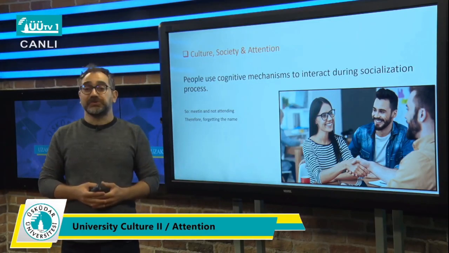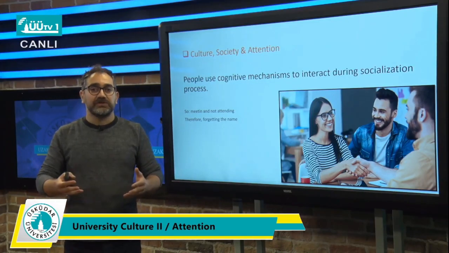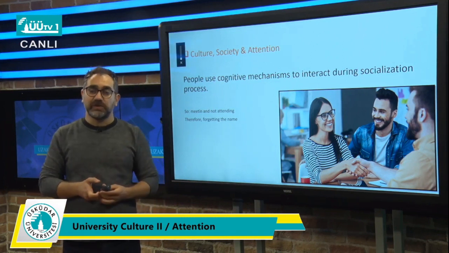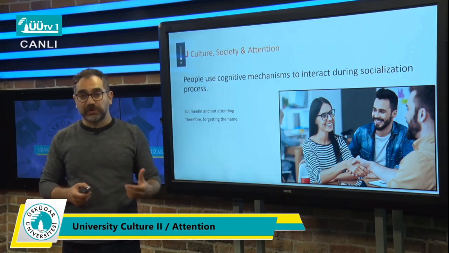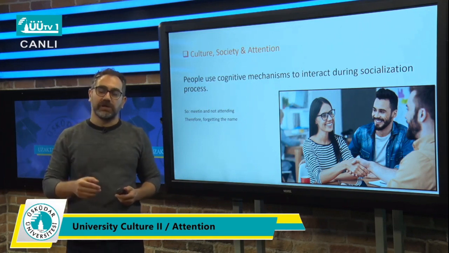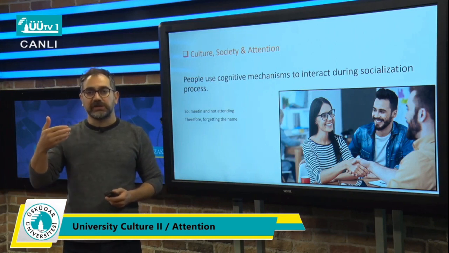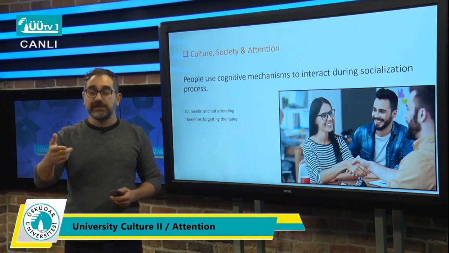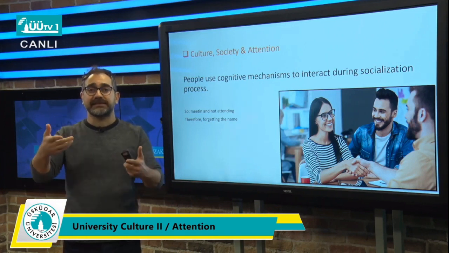That's what happens usually. We don't remember the names. Even though the name is given to us when we are introduced to someone for the first time, that information goes out of the window. However, we have a good recollection of the face. We can recognize the face because we attend to the face.